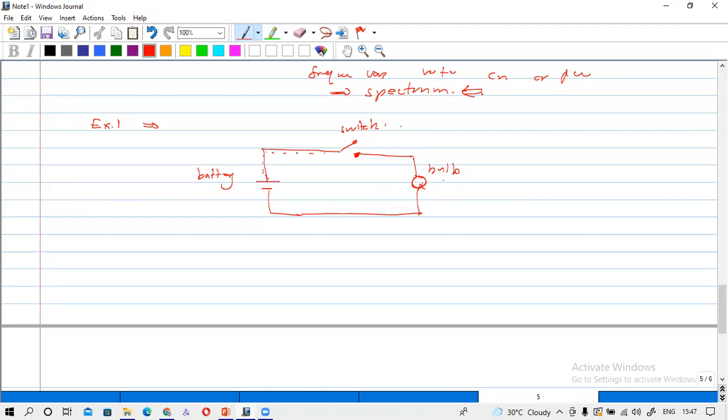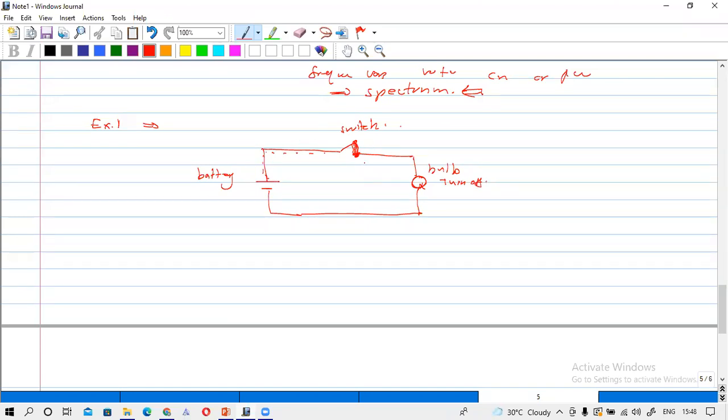So this bulb will not light up, it will not turn on, it is turned off. That means no current is going through this circuit. If you close this switch, then there is a complete electrical circuit, no?